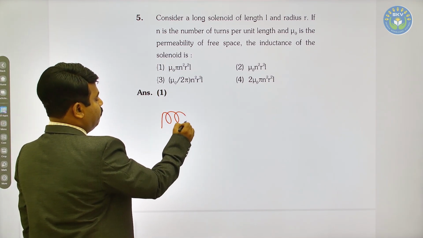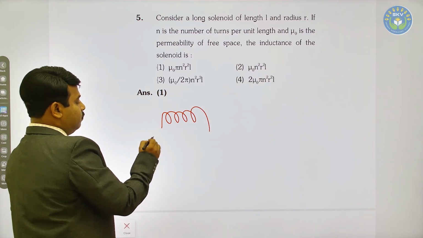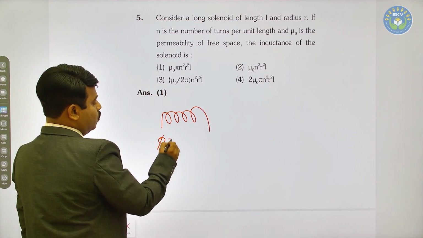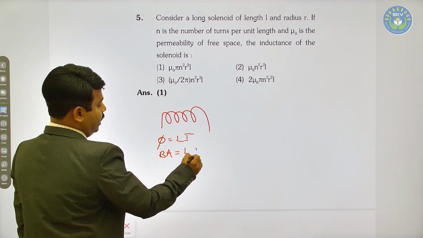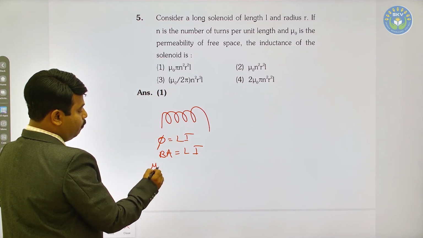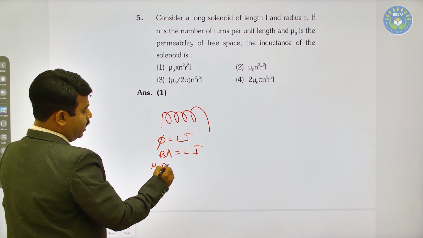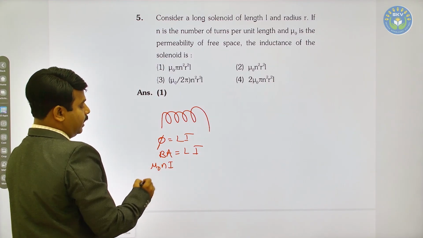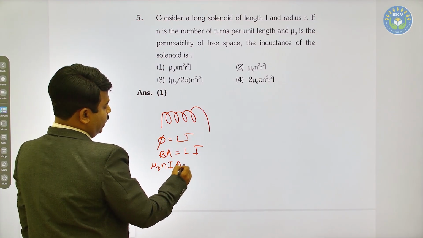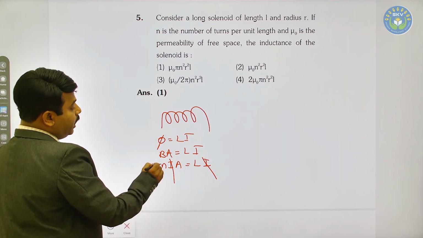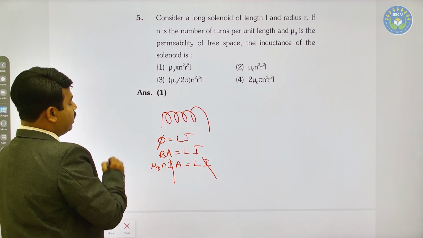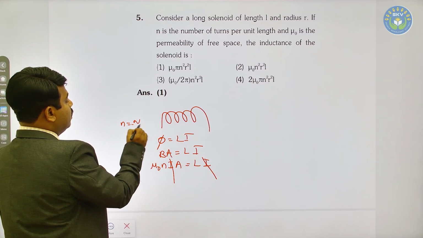See, for one solenoid, we studied phi is equal to Li, and phi is equal to BA. So Li equals B into A, but B is equal to mu 0 n I. The current cancels. Now small n is equal to capital N by L only.